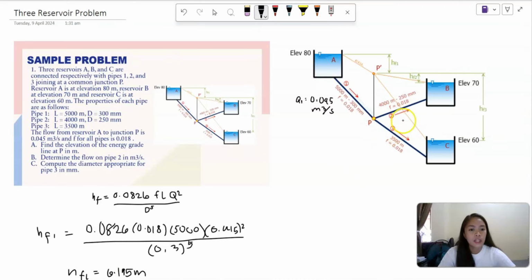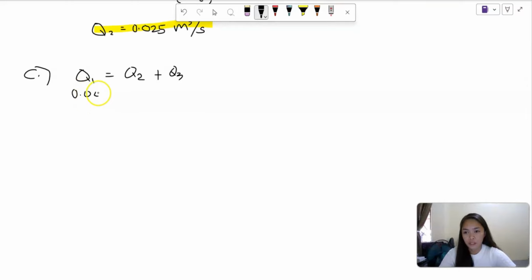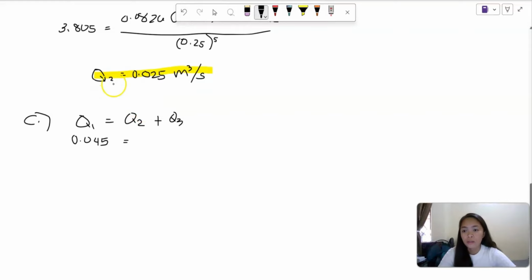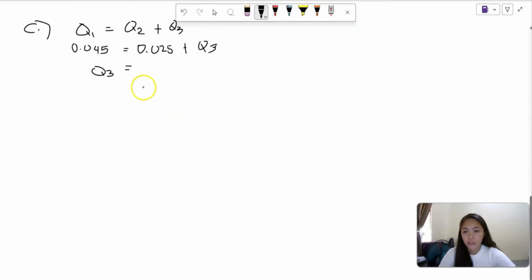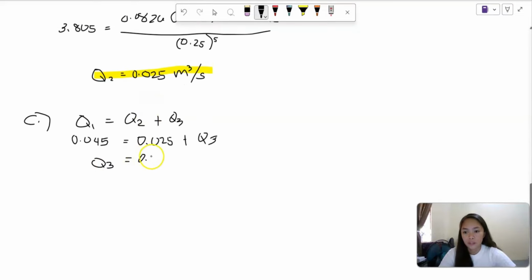Since Q sub 1 is 0.045, which is already given in the problem, and Q sub 2 is 0.025, we can now identify the flow in pipe 3. So the flow in pipe 3 is, shift solve, 0.02 cubic meters per second.